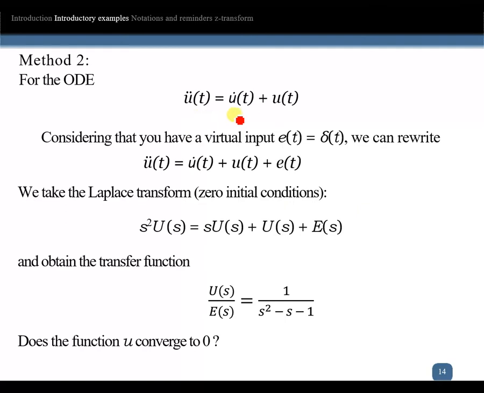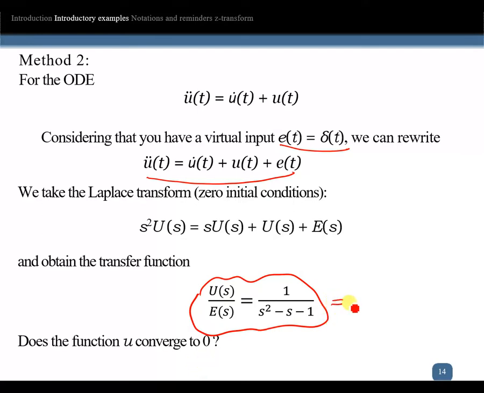Another method that you learn in EE312, you take the Laplace. Here they consider that my input is a derivative. And if you take the Laplace of this system, you can find s² U(s), s U(s), U(s) plus the input, and output divided by input, you get the transfer function of the system.